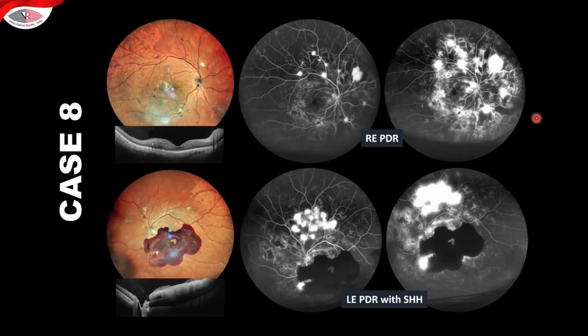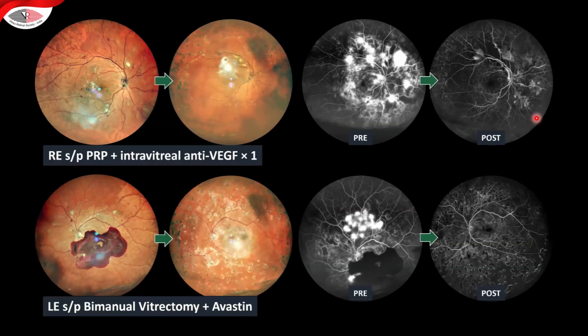This is a case again with a large pre-retinal hemorrhage which has occurred in the left eye. And when you do the angiogram, you see the masking hypofluorescence as well as the florid leaks, which is hyperfluorescence. So all these changes of interpretation that we discussed in the first part are seen very well in these cases. And then once you do the angiogram and you see them, you decide the management of treatment, of how you proceed with them.